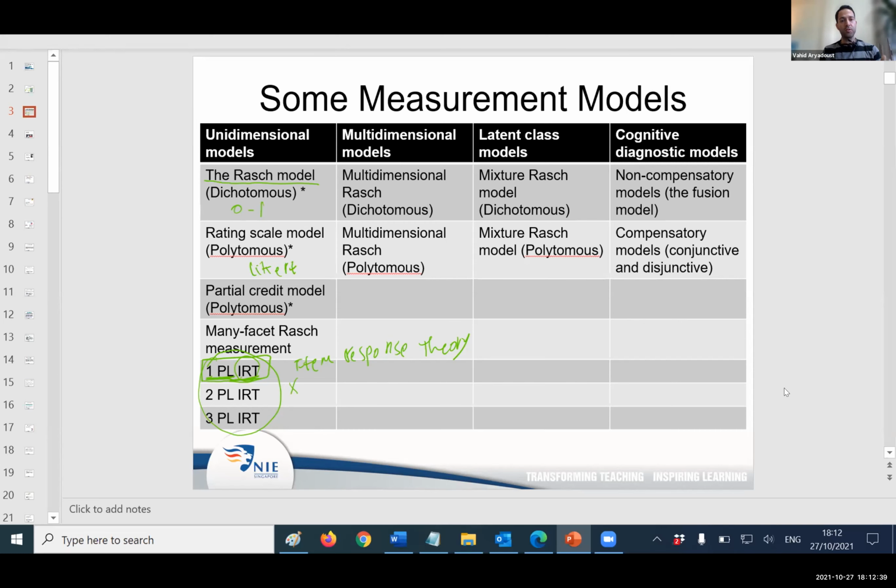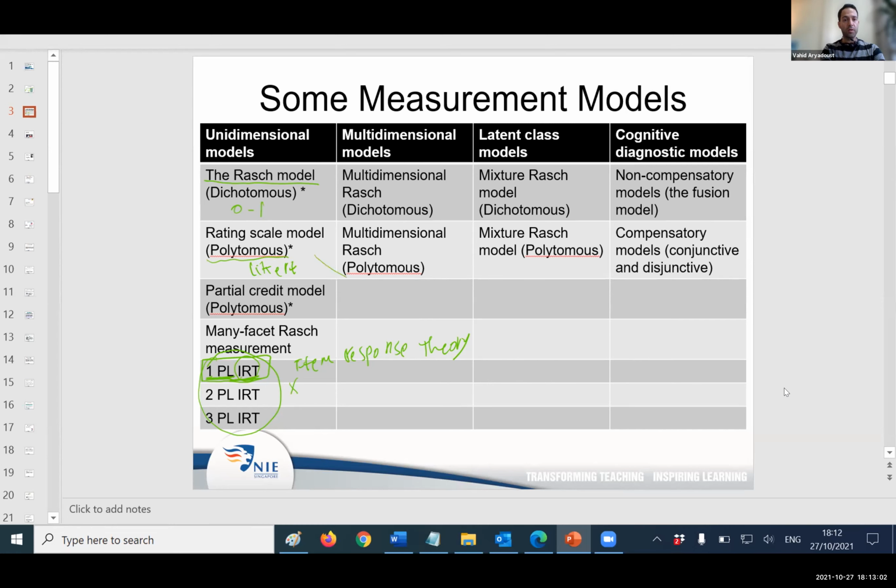So if you have questionnaires, the Rasch model doesn't work there. What works is the rating scale model, but the principles remain the same. If you know how the Rasch model works, you can very easily extend your knowledge to the rating scale model, which is used for polytomous data, or the partial credit model, which is also used for polytomous data.